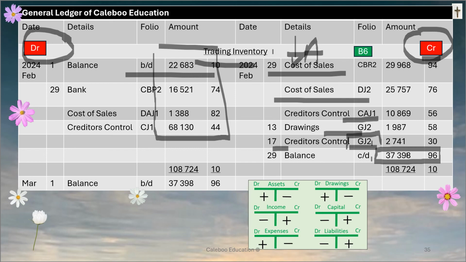There's the balance carried down, and on the first day of the next month we have the balance brought down. So our stock, according to our books, is worth 37,398 and 96 cents.